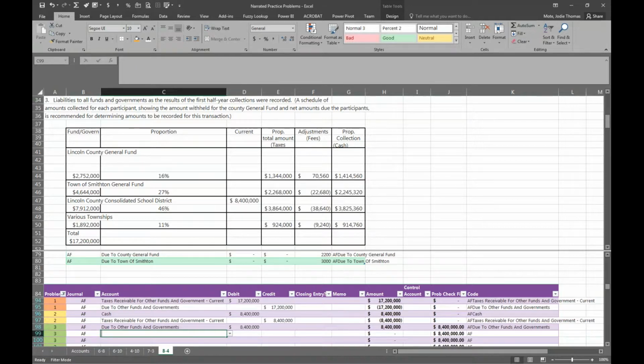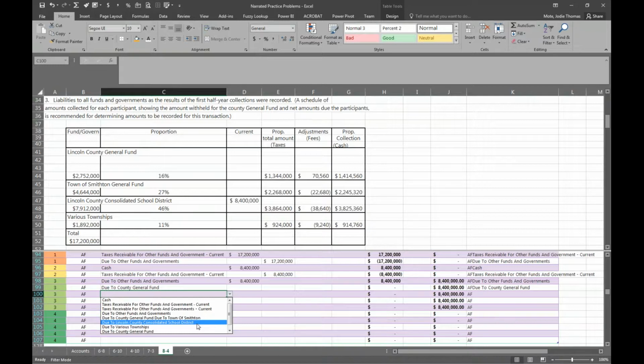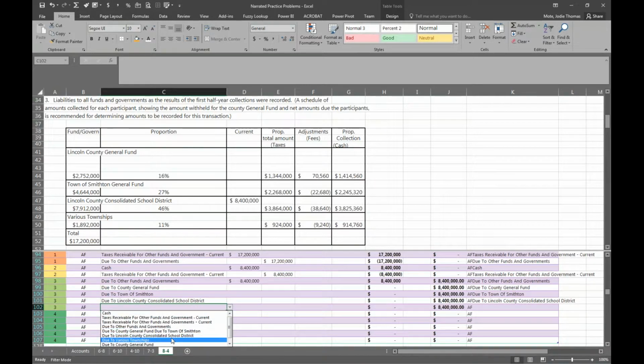And let's see, due to county general fund is going to be one of the liabilities. Due to town of Smithton, let's just go ahead and get this hard part out of the way. There we go, due to town of Smithton, due to Lincoln County school districts, and due to the various townships.